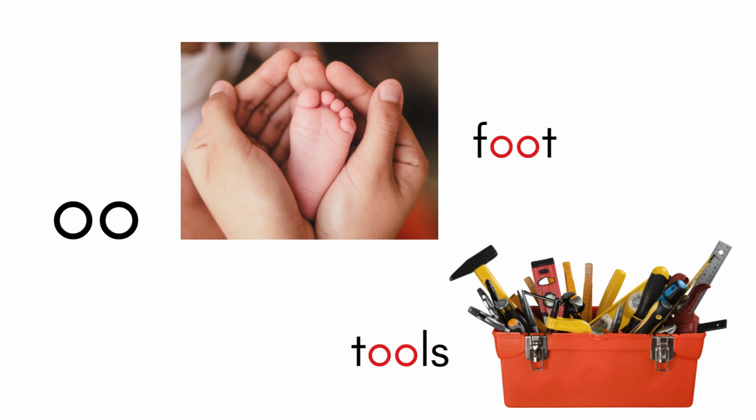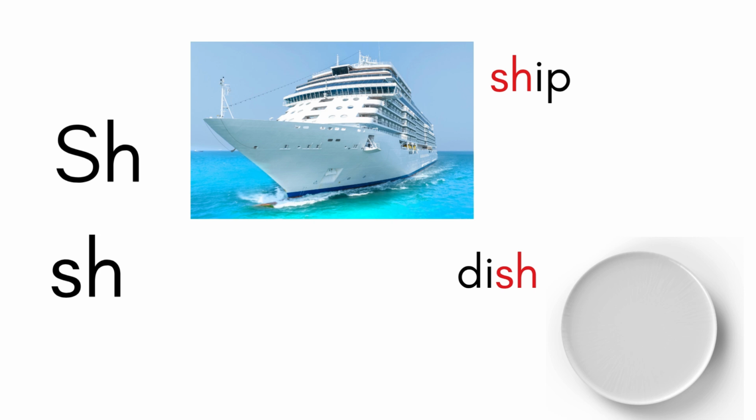That ooh sound is with the double O, so that's cool. But it also can say ooh, like foot and book. And we get to learn that. And when we learn it, we'll get to put, okay, which one says ooh and which one says oh. And so that's going to be cool.